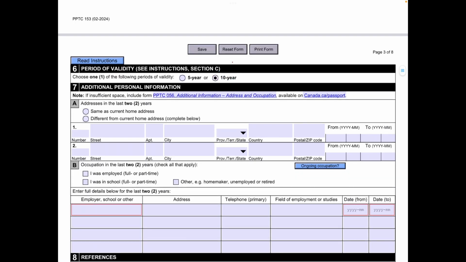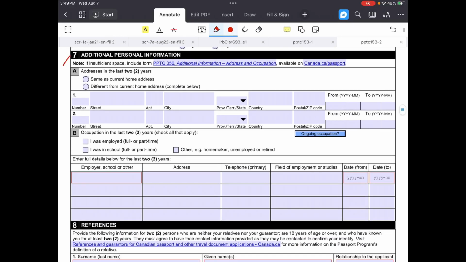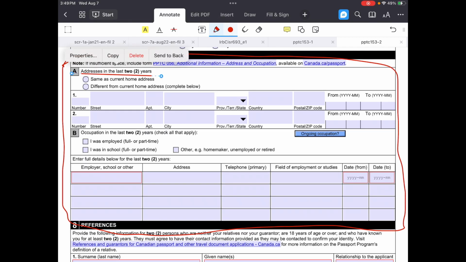Then we're gonna move on to section 7 of this application, which is asking for some extra personal information. It's asking about your home address for the last 2 years, if you've changed your home address during the last 2 years, and also what you were doing during the last 2 years.